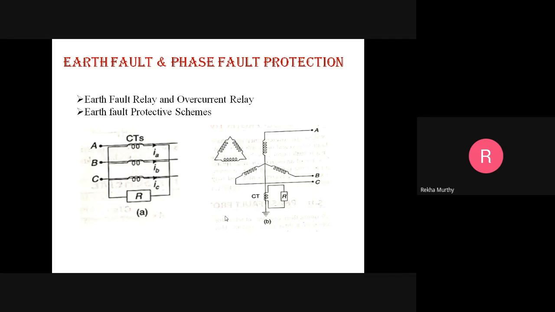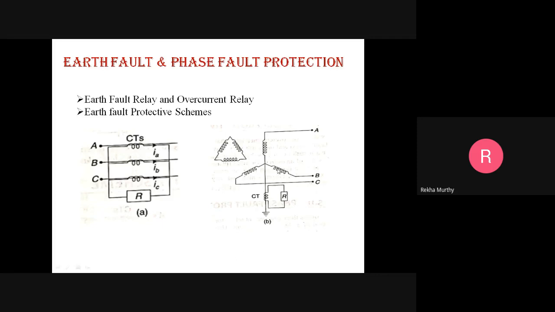Now let us see a diagram. This shows an earth fault relay used for the protection of a transformer as well as an alternator. Whenever an earth fault occurs, the zero sequence current flows through the neutral and actuates the earth fault relay.